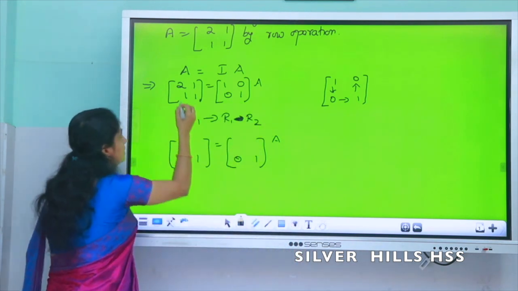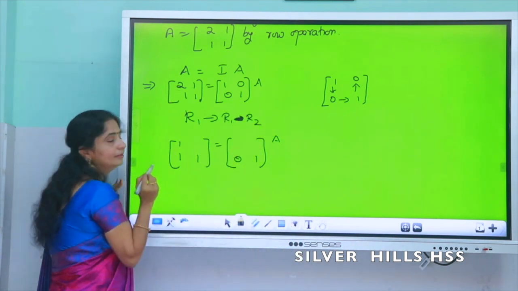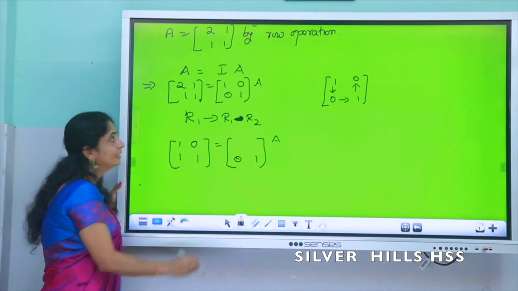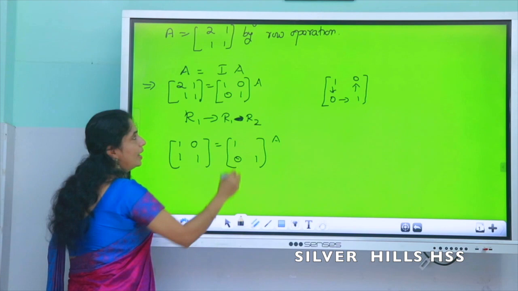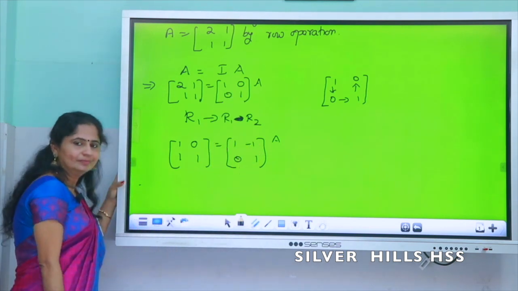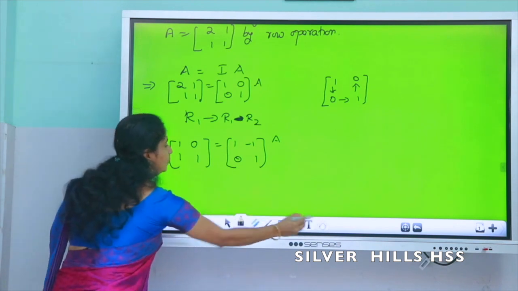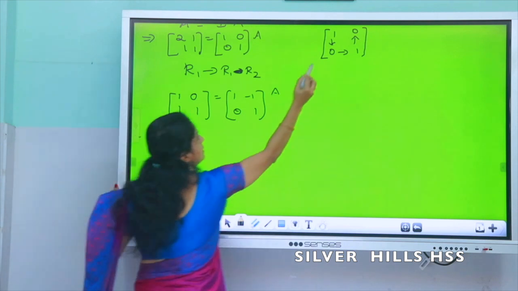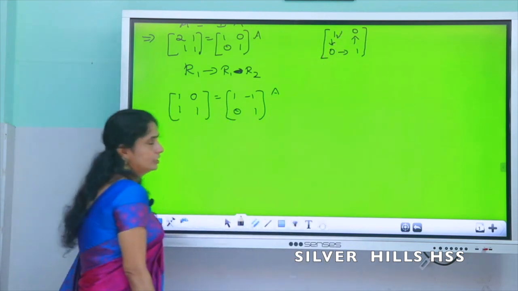So R1 minus R2: 2 minus 1, 1. 1 minus 1, 0. 1 minus 0, 1. 0 minus 1, minus 1. So we have got this position, this 1, we got it.